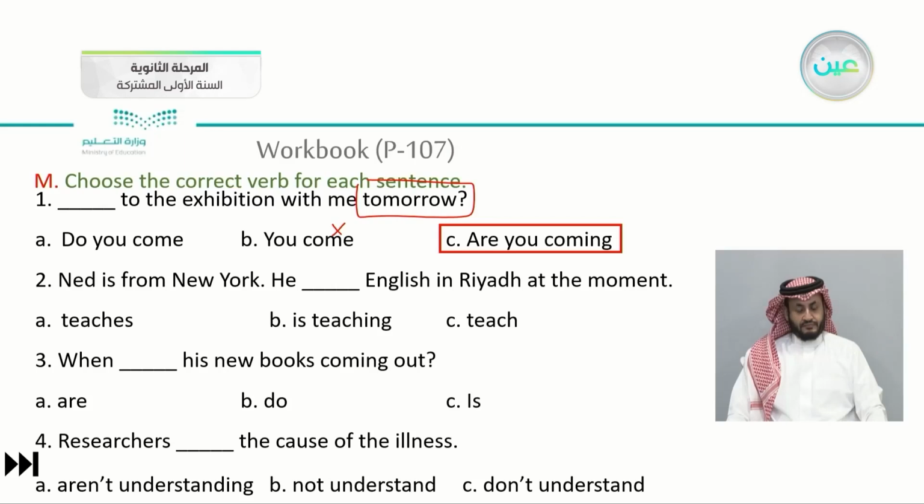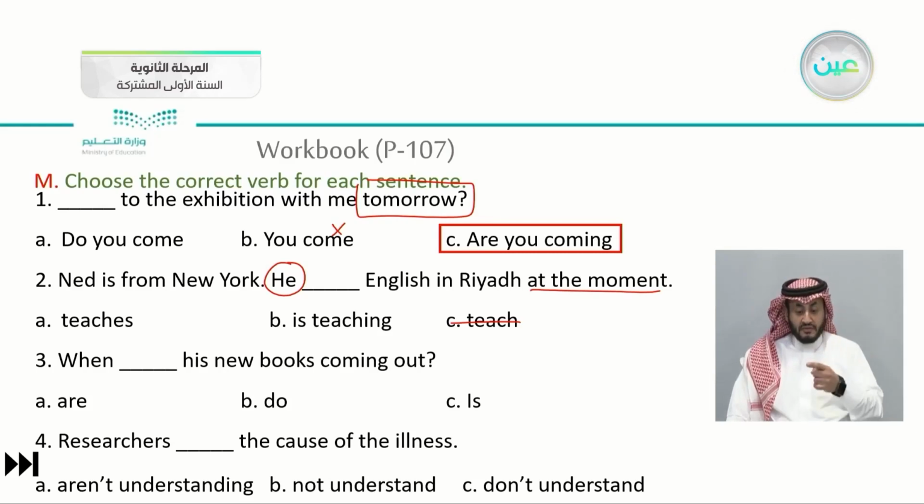Ned is from New York. He, English in Riyadh at the moment. It means now. So, teaches, is teaching, or teach. This is not actually going to work because we have he. It is whether he is or he teaches.